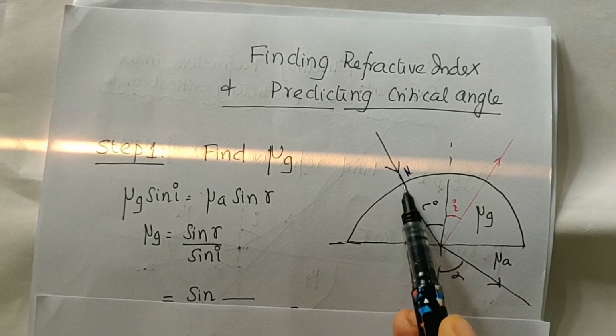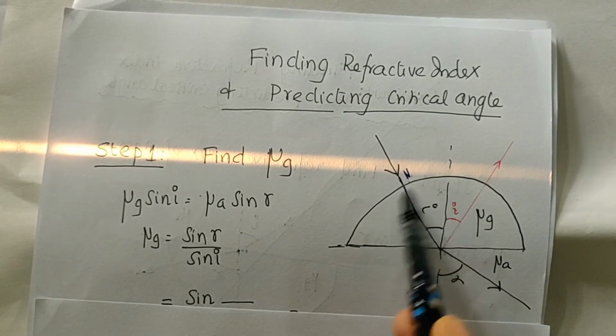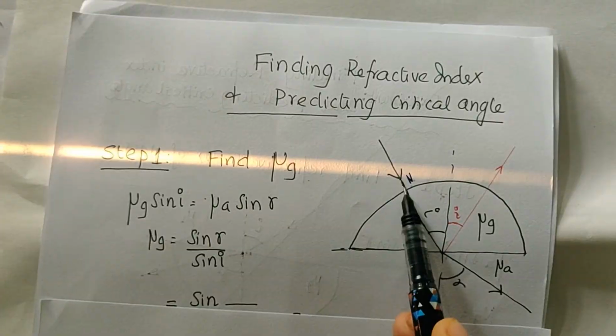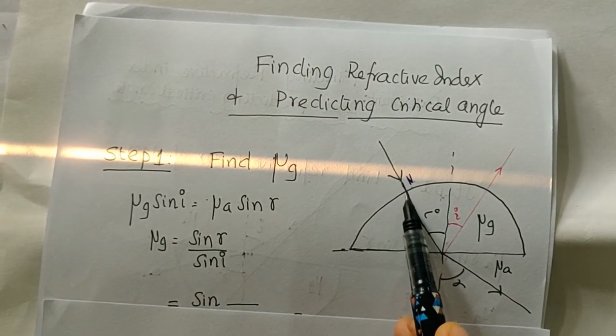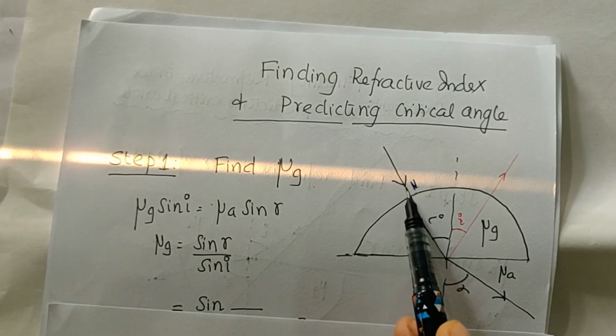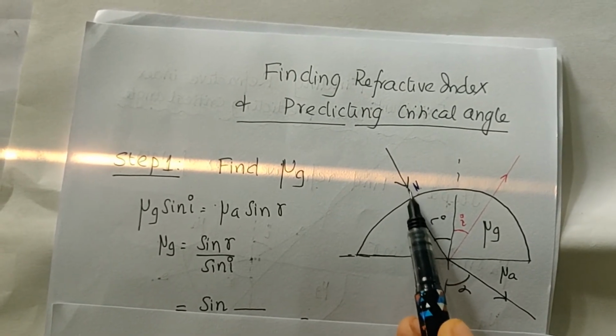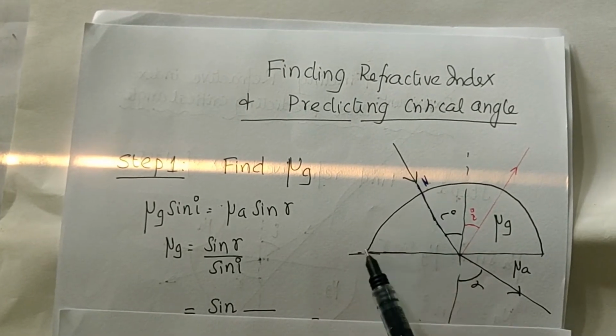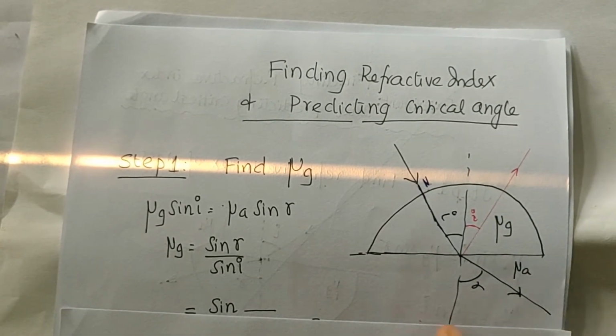Any of these is a normal to this curved surface. So any ray coming in will always pass through the center. The angle of incidence for this case is 0, so the ray will come straight in. That's why we use this semicircular block.